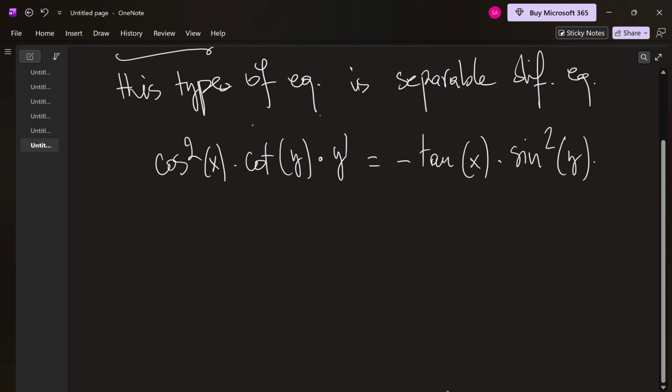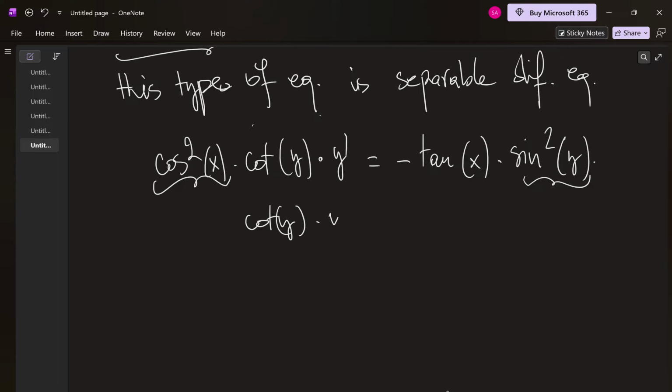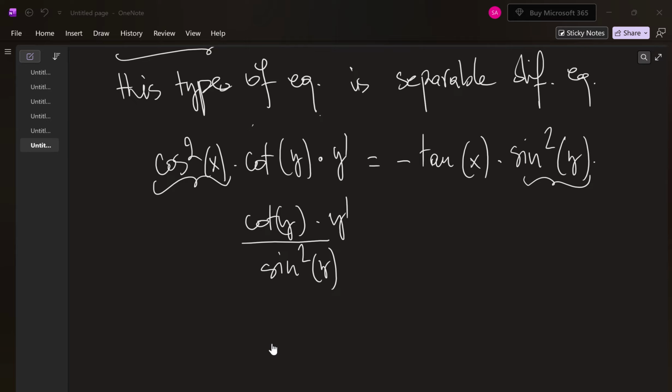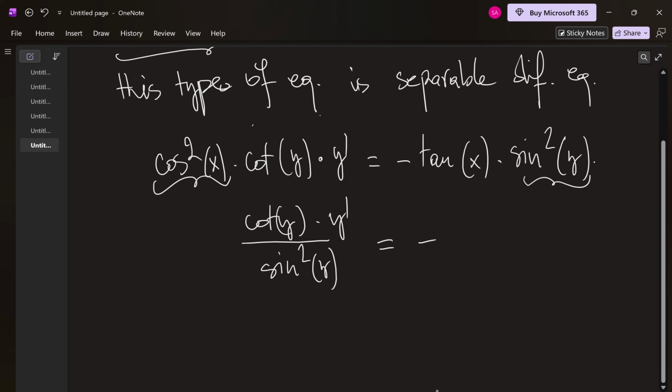Now we divide by sine squared y and we divide also by cos squared x. We get cotangent y times y prime over sine squared y, we continue now, equals minus tangent x over cos squared x.